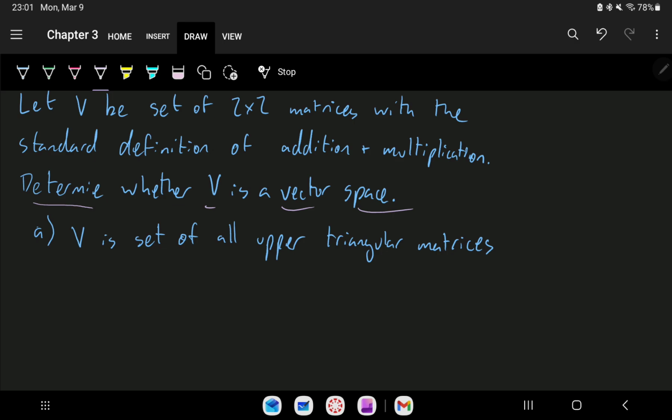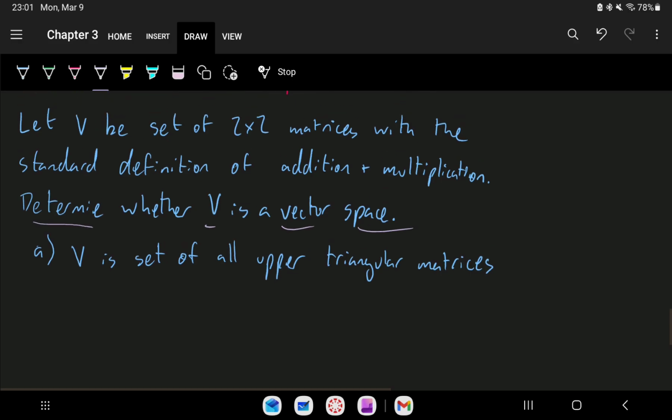So let's just get started. For questions like these, I guess I should read the question first. We're going to let V be the set of 2x2 matrices, and we're going to use the standard definition of addition and multiplication. We don't need any of the funny signs or whatever, just plus and multiplication. And our task is to determine whether V is a vector space, right?